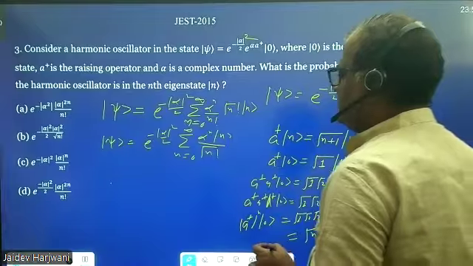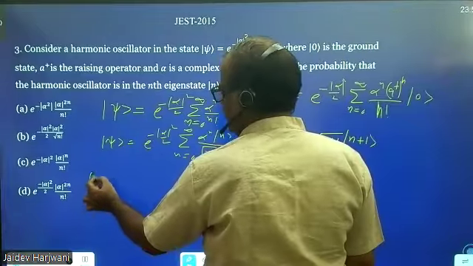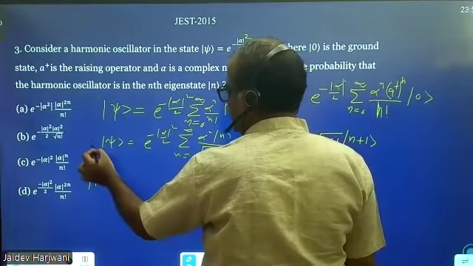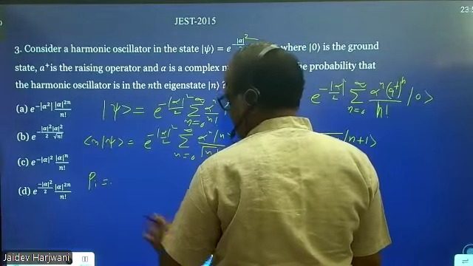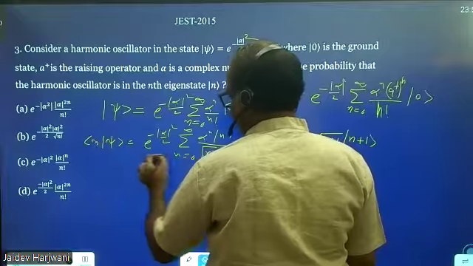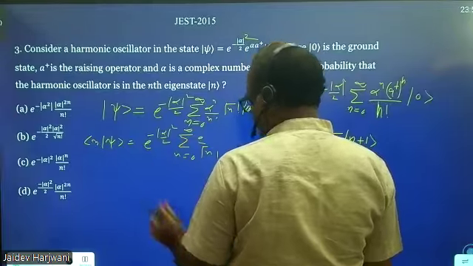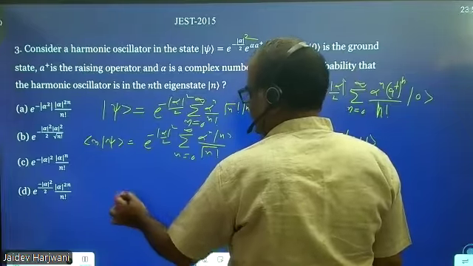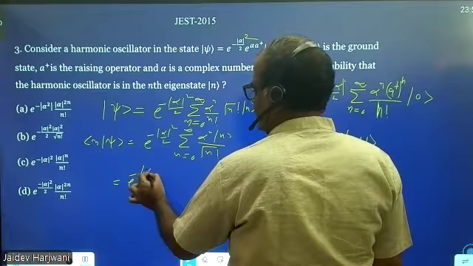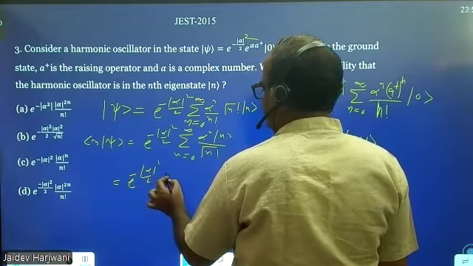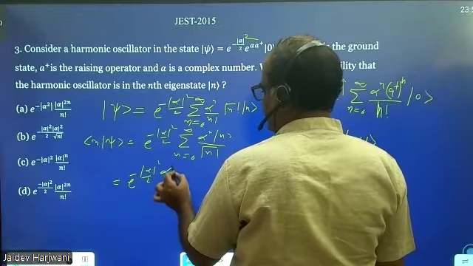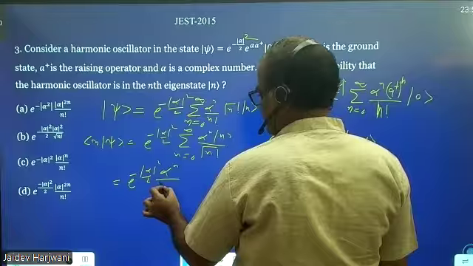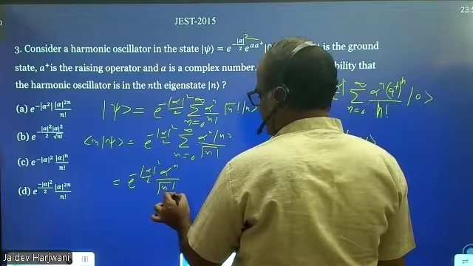And now let us calculate the probability, that is <n|psi>. If I calculate <n|psi>, this becomes 1, so it will give me only e^(-|alpha|^2/2) alpha^n over root n factorial.